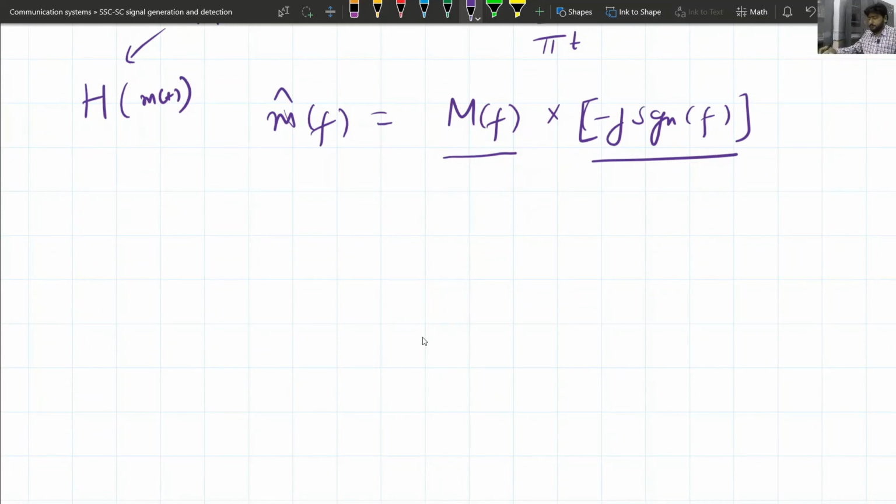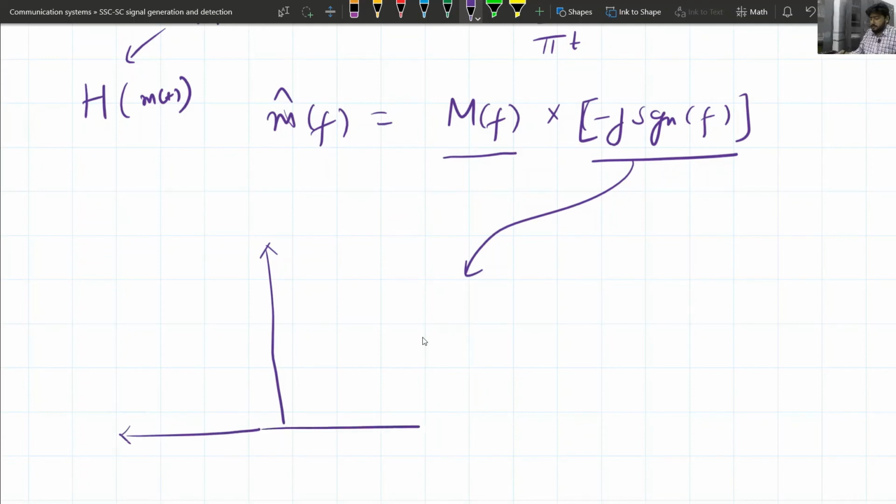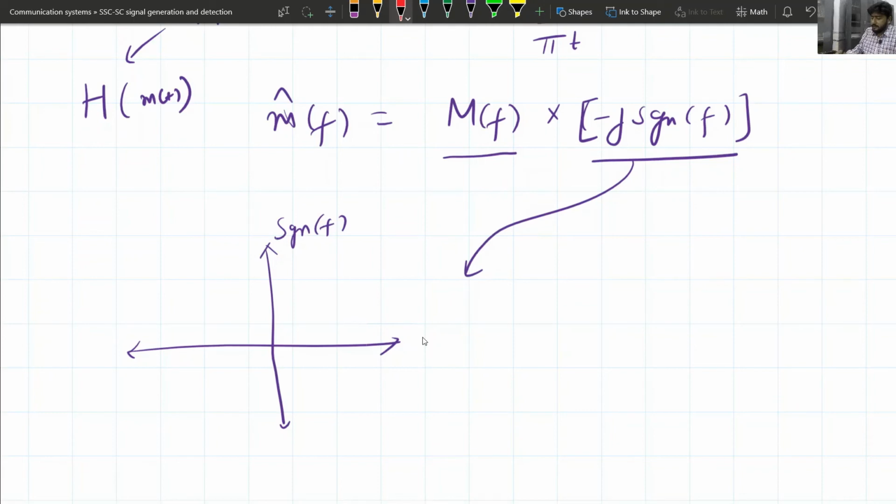So if you look at the graph of the signal, now for sgn f, its graph is given by this. This is the graph of sgn f, but what we want is minus j times sgn f.